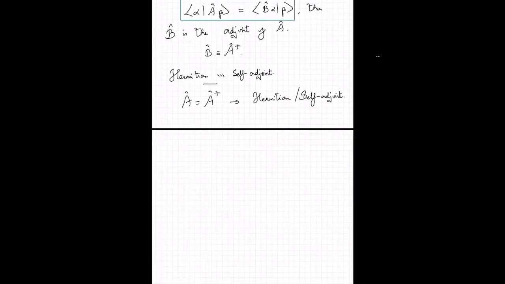Self-adjoint is slightly more tricky and technical, and it also has to do with how you define the domains and ranges of operators, the number of functions that are actually allowed to be acted upon with this operator. The domain and range for the operator and its adjoint should match exactly for an operator to be called self-adjoint. So we will not get into such specifications in this course.